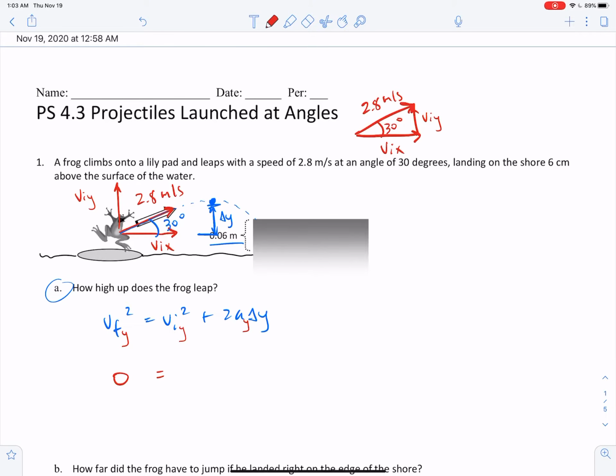That means that if I want to figure out what V_ix and V_iy are, I can use sine and cosine. So by definition, the cosine of 30 degrees is equal to the adjacent over the hypotenuse. The adjacent to the 30 degrees is V_ix. The hypotenuse is the 2.8 meters per second. If I multiply by 2.8, I can find that V_ix is going to be equal to 2.42 meters per second.